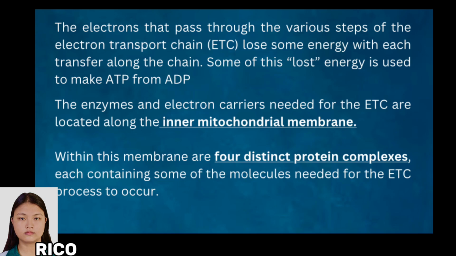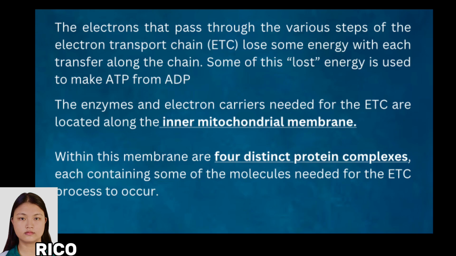Within this membrane are 4 distinct protein complexes, each containing the molecules needed for the ETC process to occur. So, the electron transport chain is a series of protein complexes and molecules embedded in the inner mitochondrial membrane.